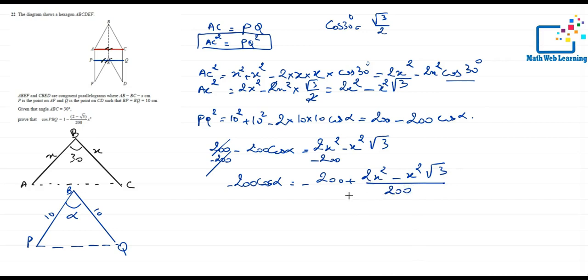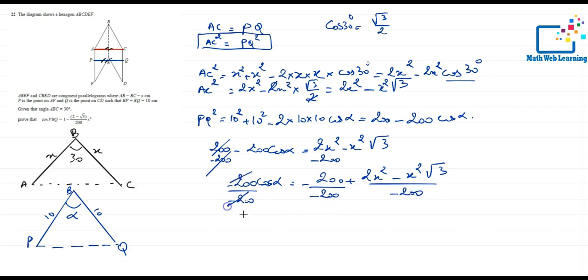Sorry, I'm dividing by minus 200. I haven't divided by 200 yet, I apologize, I'm going ahead of myself. That's the next step I need to do. So I now need to divide by minus 200, divide by minus 200 here, and divide all this by minus 200. So let's do that.